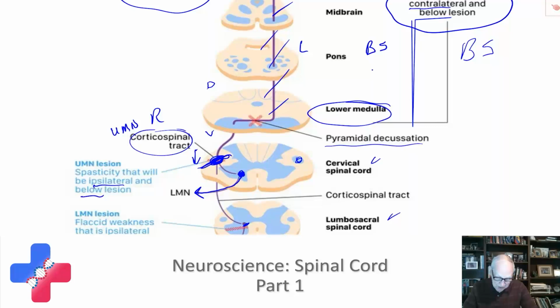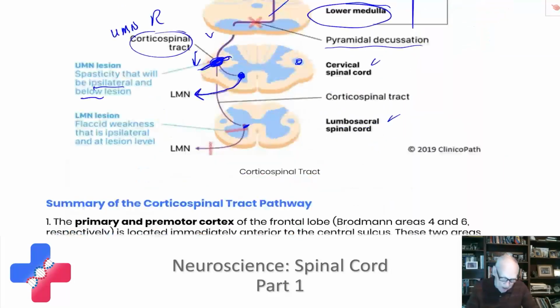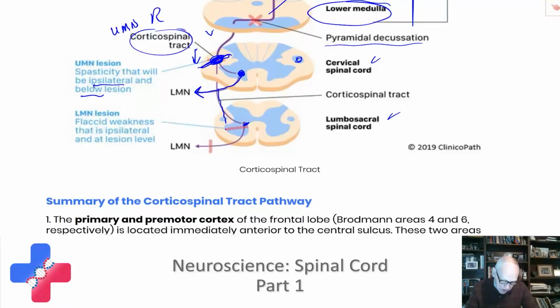That's the difference. And then they peel off again at each of the levels. Of course, these tracts keep going on down. Obviously, they continue their downward course, upper motor neurons, but at each level, they peel off and fire onto the lower motor neurons. And when you damage a lower motor neuron, what is it? At the level and ipsilateral.